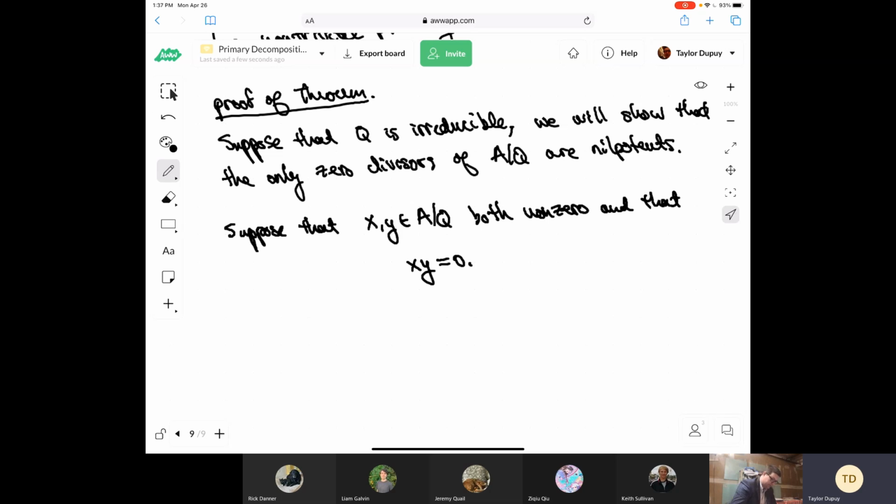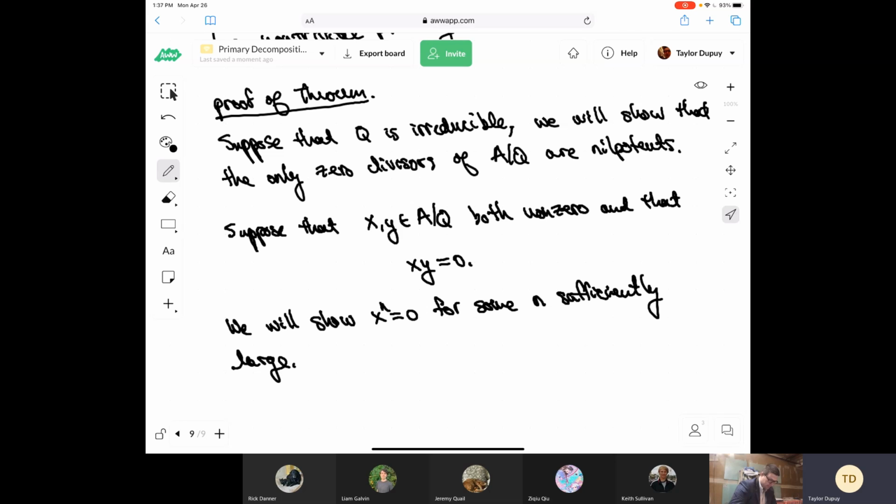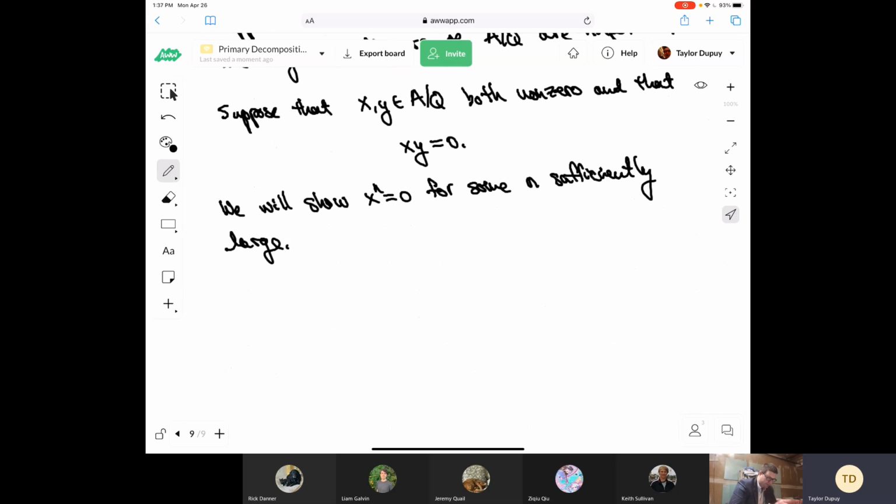So we will show that x to the n is equal to 0 for some n sufficiently large. So I'm supposing that we have zero divisors, and now we're going to show that the zero divisors are nilpotent. We're going to use Noetherianity.